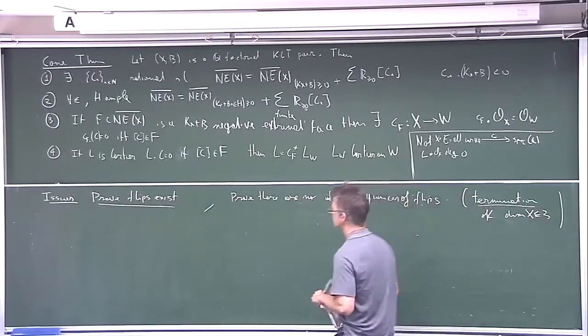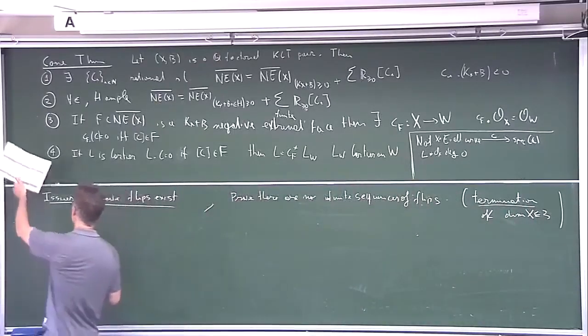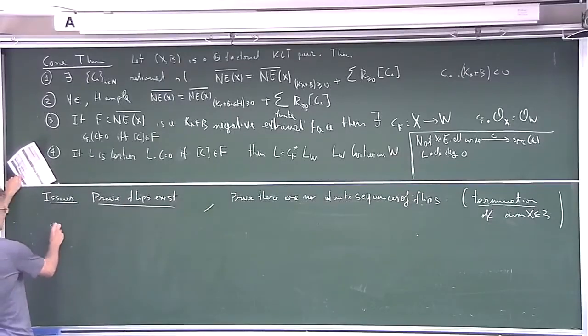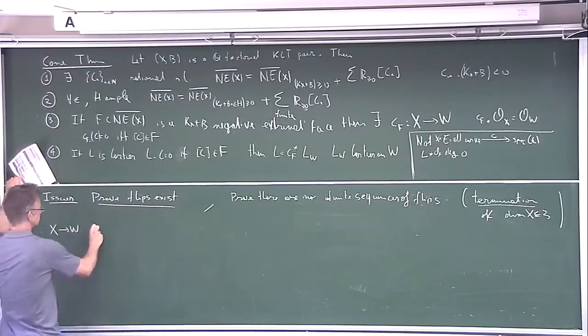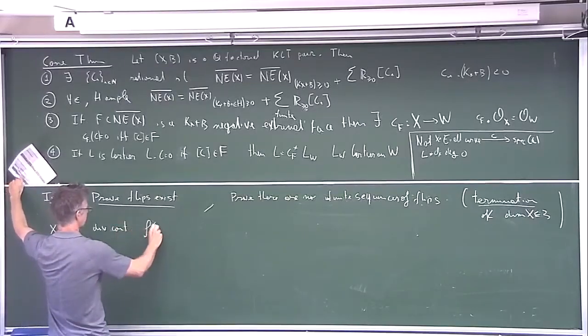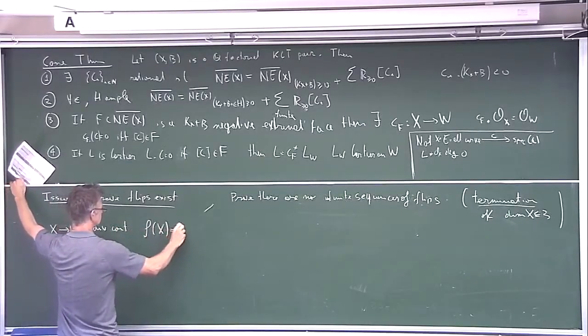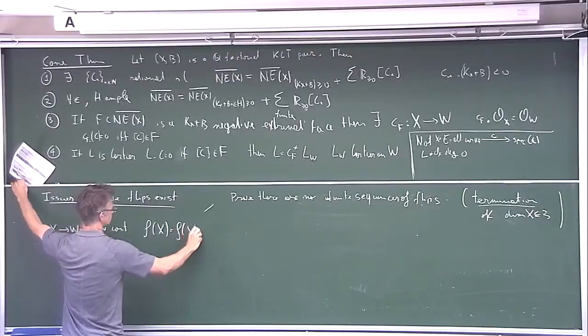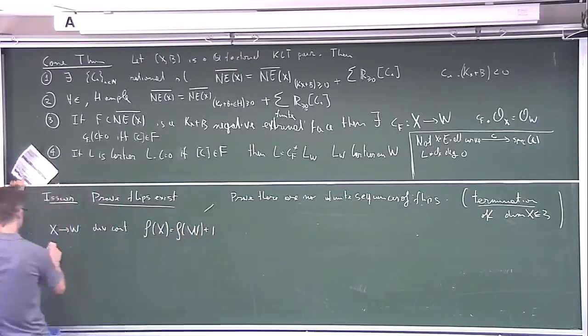So I sort of alluded to it, but maybe I didn't write it down. If X to W is a divisorial contraction, then the Picard number of X is equal to the Picard number of W plus 1.